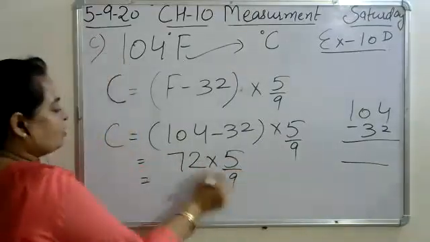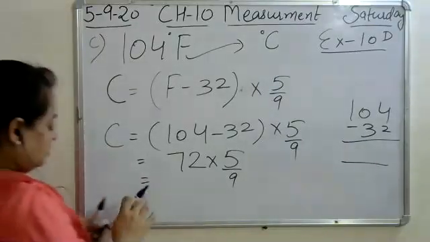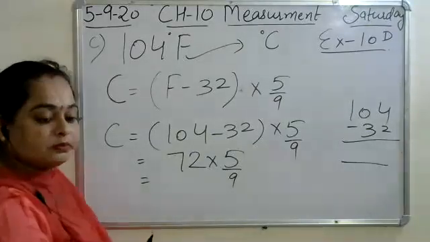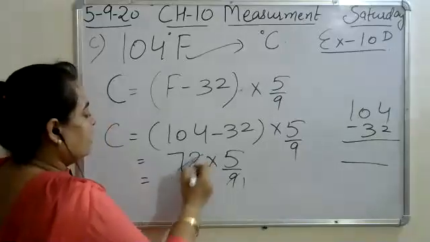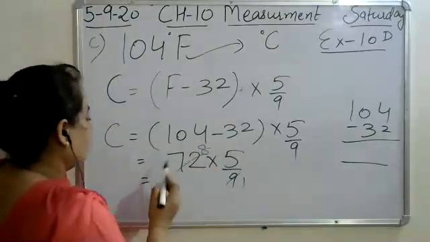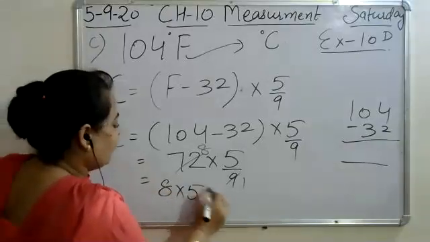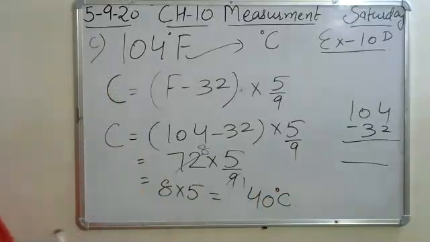Now, is cancellation possible here or not? On which table? 9. 9 ones are 9, 9 8s are 72. So 8 multiplied by 5 is equal to 40 degrees Celsius. So this is the way to solve the sum.